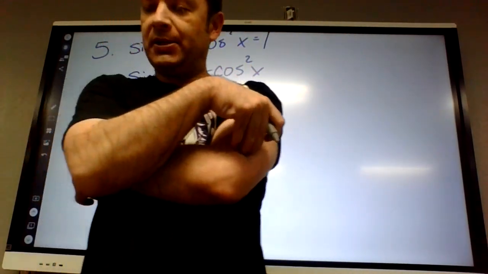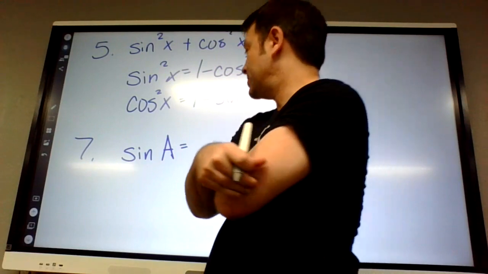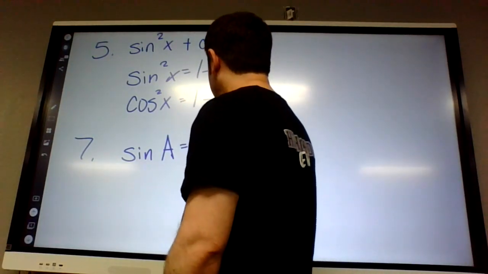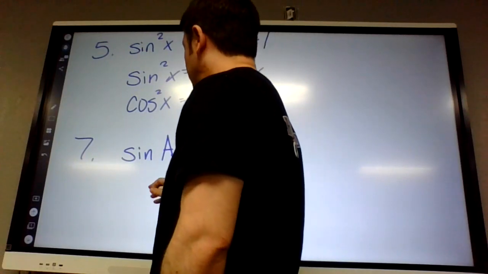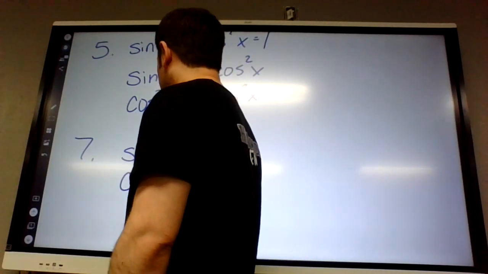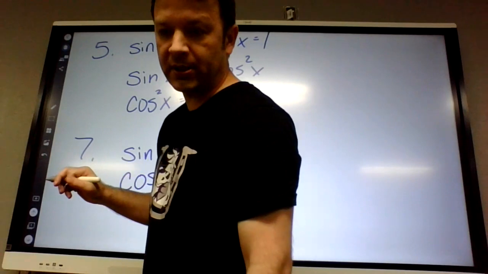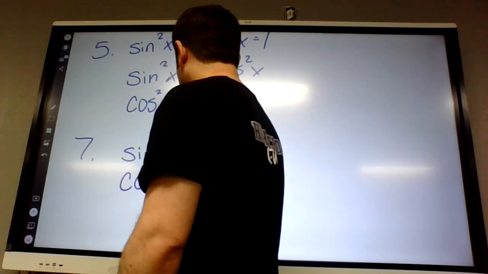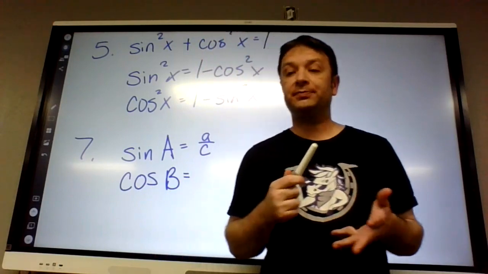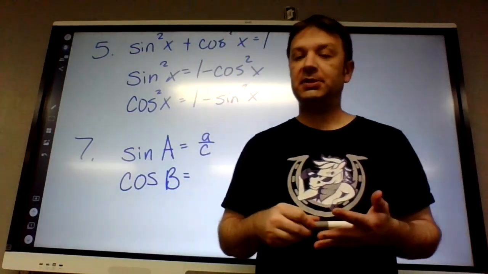Side A is the opposite and side C is the hypotenuse. Okay, and then what's cosine of B equal to? Cosine gives us what over what? Adjacent over hypotenuse.